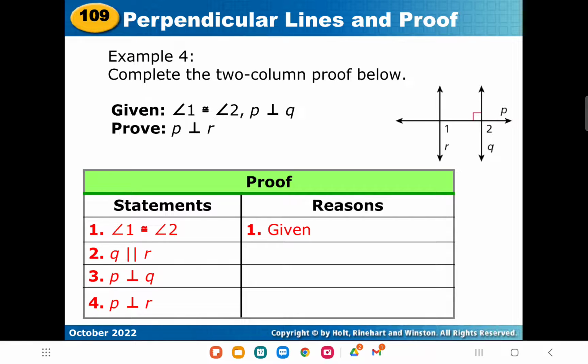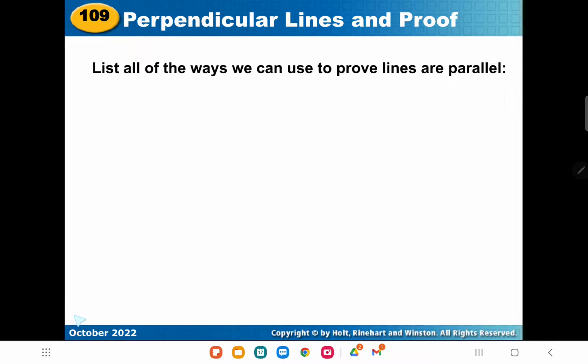Notice again that we're going to show that Q must be parallel to R, and that's by the congruent corresponding angles, because 1 and 2 are congruent. Then we are given that P is perpendicular to Q, and then we have the perpendicular transversal theorem here, showing that P is also perpendicular to R.